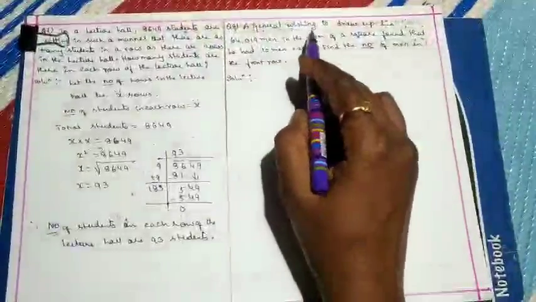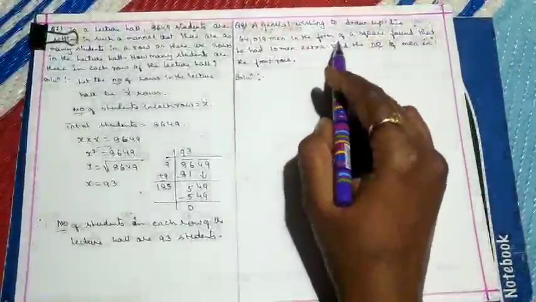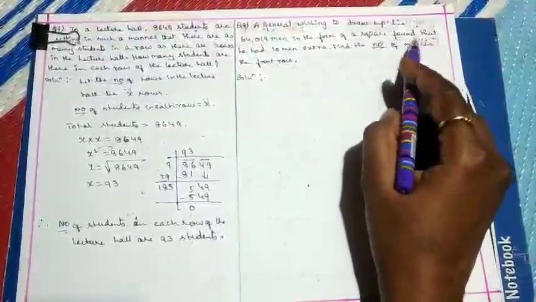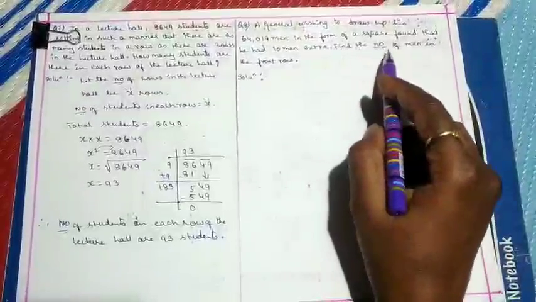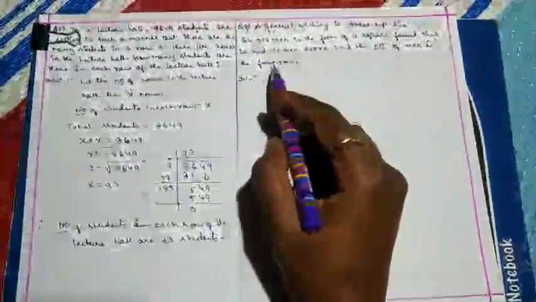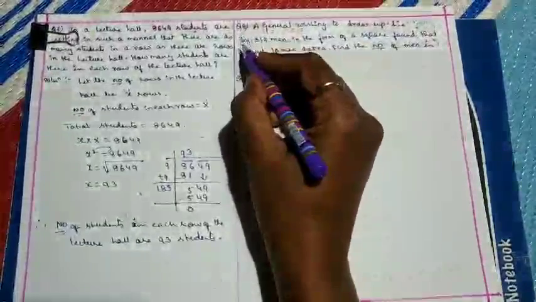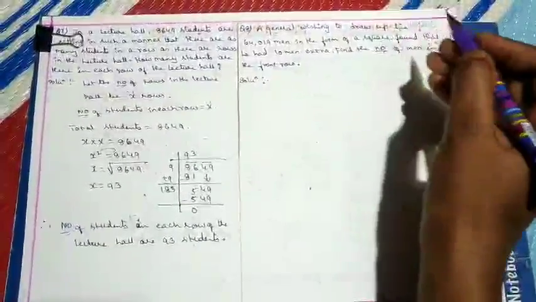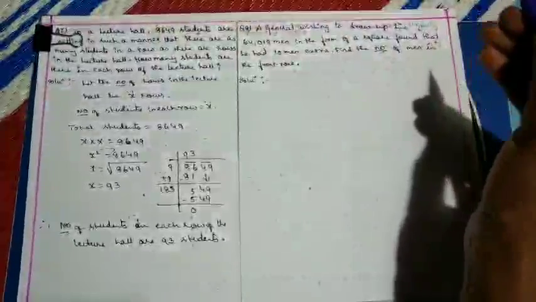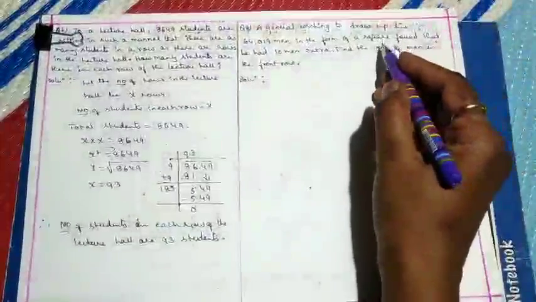A general wishing to draw up his 64,019 men in the form of a square found that he had 10 men extra. Find the number of men in the front row. So here, when he wants to arrange 64,019 men in the form of a square, 10 men were left extra after arranging in the form of a square.